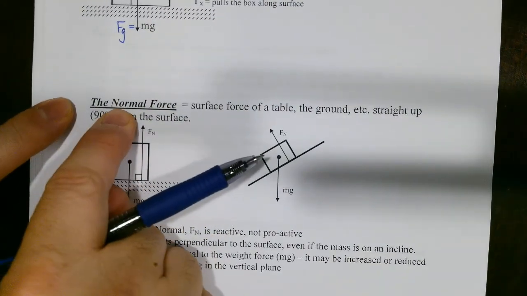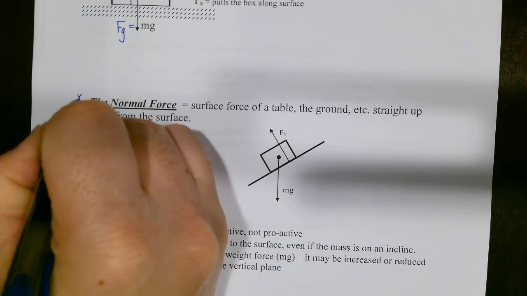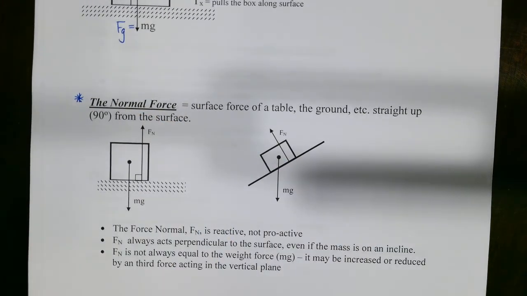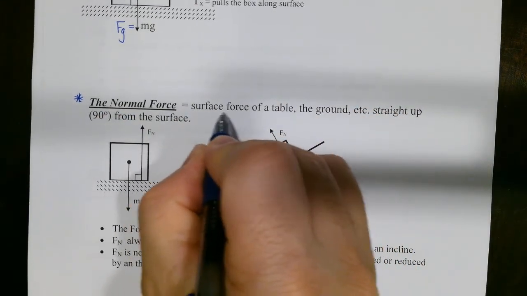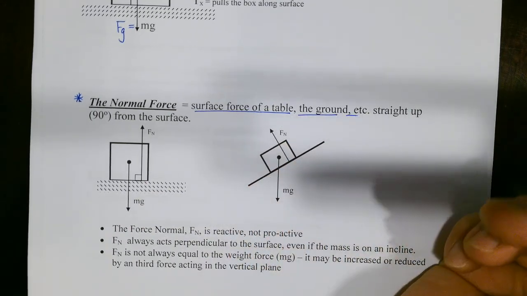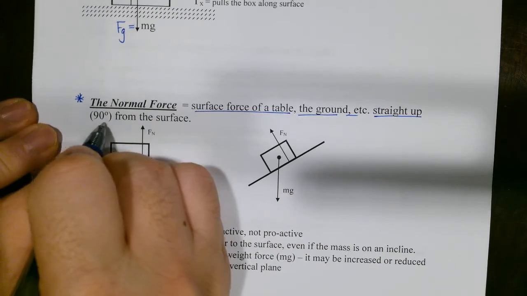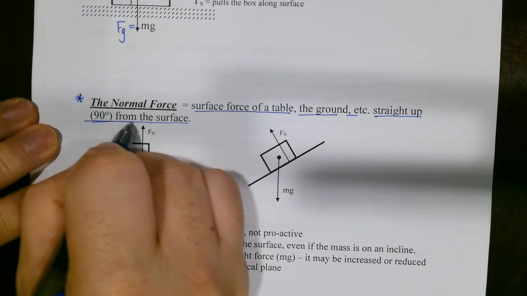And this normal force is very important. This normal force is exerted by the surface of a table or the ground, etc., straight up 90 degrees from the surface.